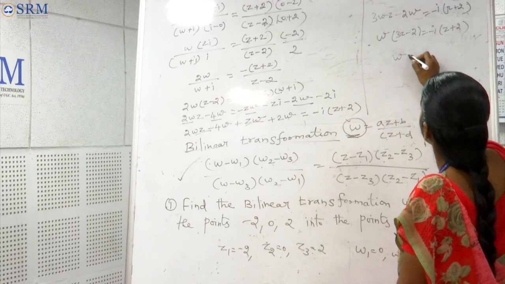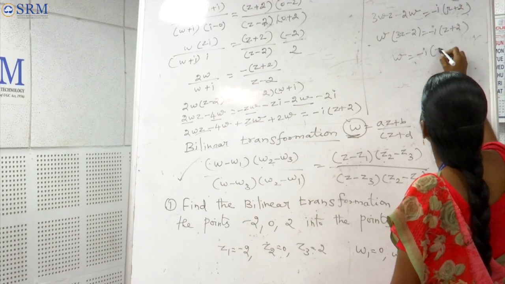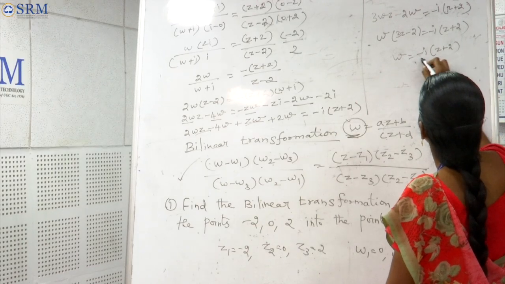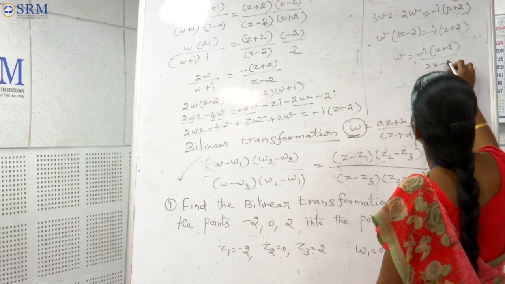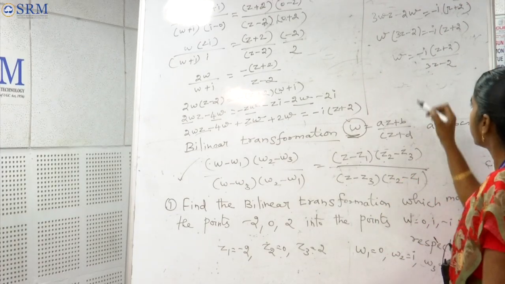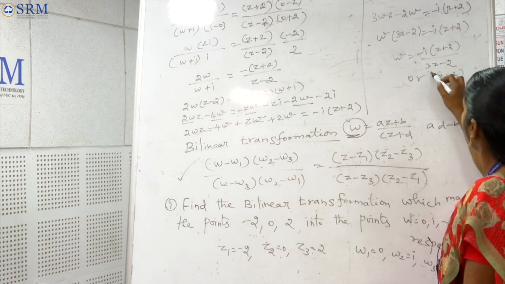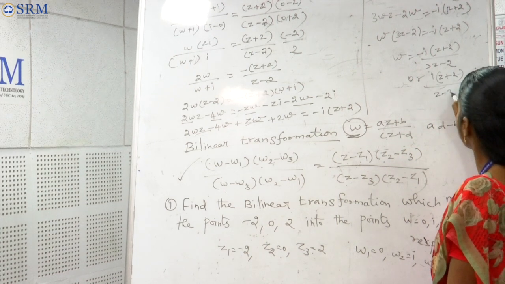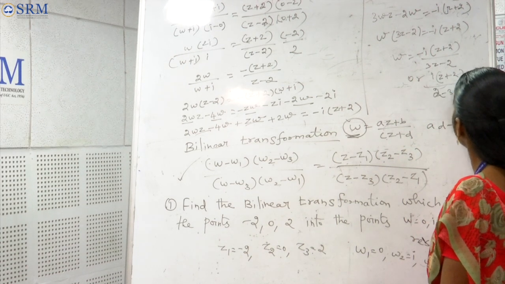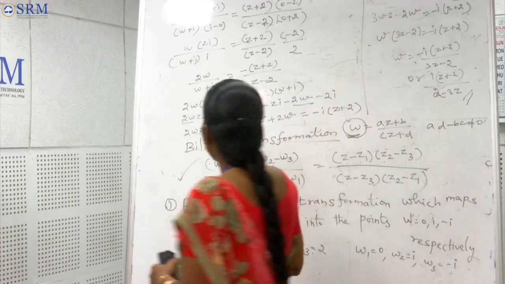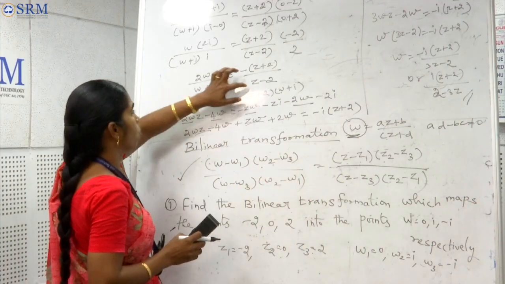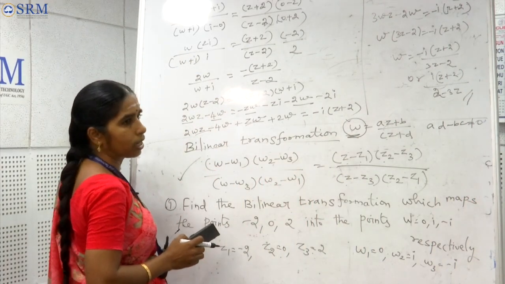So W is equal to minus i (Z plus 2) divided by (3Z minus 2). This is the simple expression, so cross multiply on both sides.